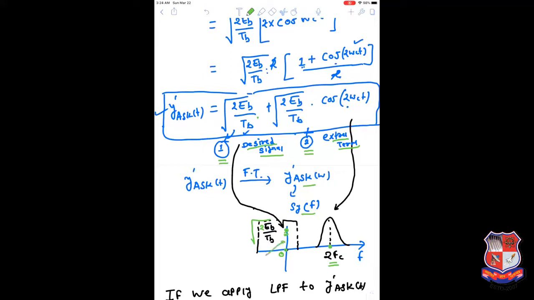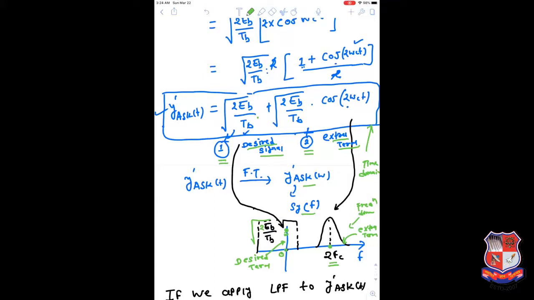So this one is the desired term. This is the representation in the time domain, and this is the representation in the frequency domain. This portion is the undesired, or extra, term.